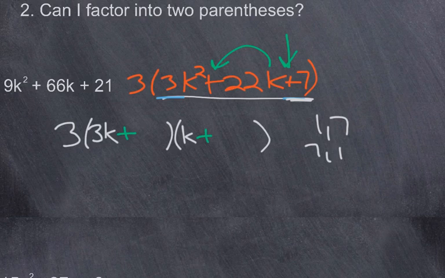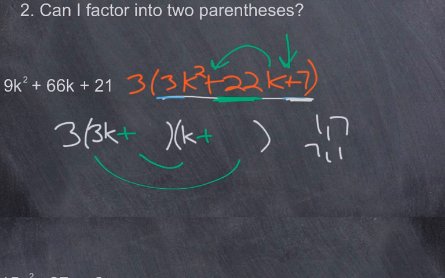So because I'm limited to so many options, that's why the guess and check method can go pretty quick on a problem like this. So if I were to put a 7 here and a 1 here, I just do the outer and inner to make sure that the combination is a 22 on the inside. So that's 3k and 7k. But that adds up to 10, so that's not going to work.